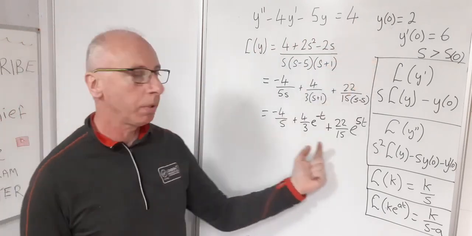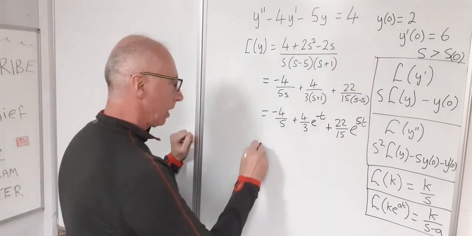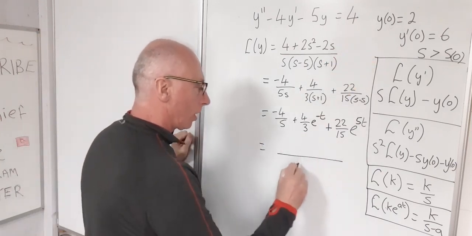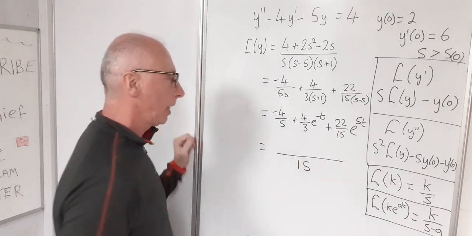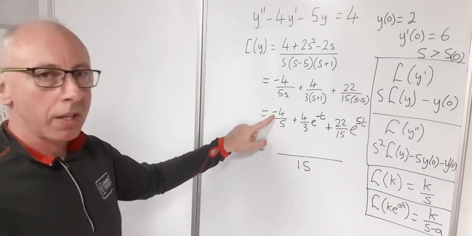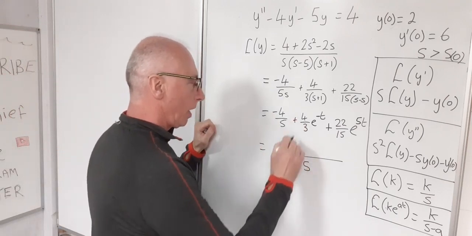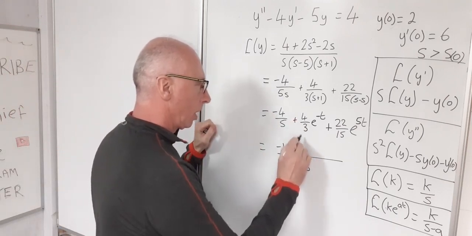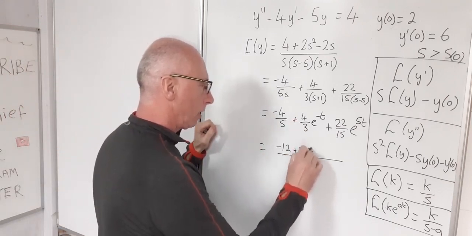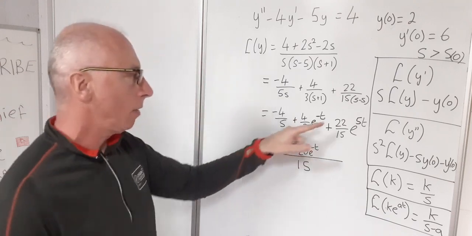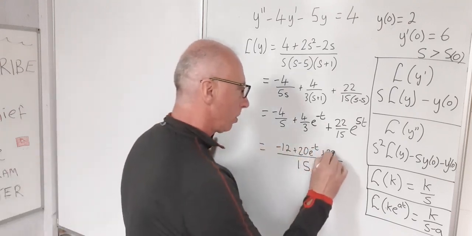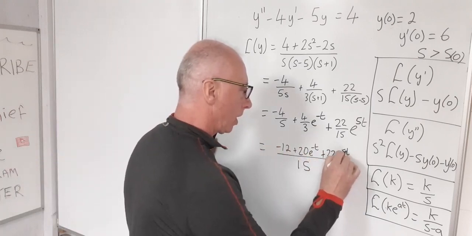Now I'm just going to simplify this a little bit just to make it more palatable. So give everybody the same denominator. I'll have to multiply this one by 3, so that's minus 12. Multiply this one by 5, so that's plus 20 e to the minus t. And then that one can stay, plus 22 e to the 5t.